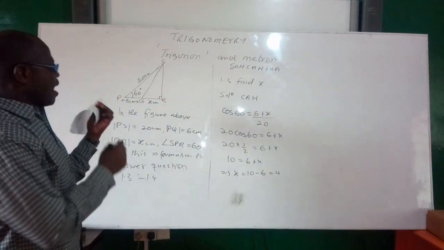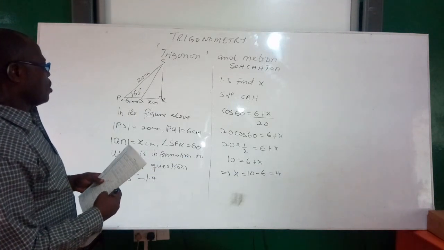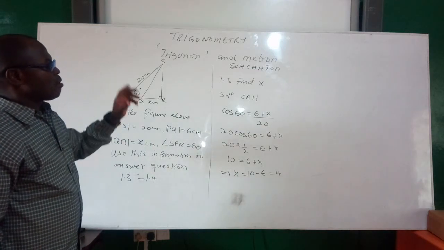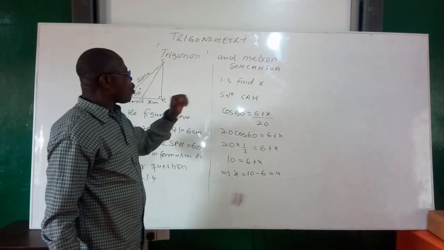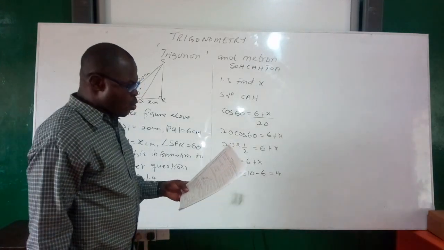So, without touching triangle SPQ, we have managed to get x going through the definition SOHCAHTOA. Let's see what 1.4 also requests from us.